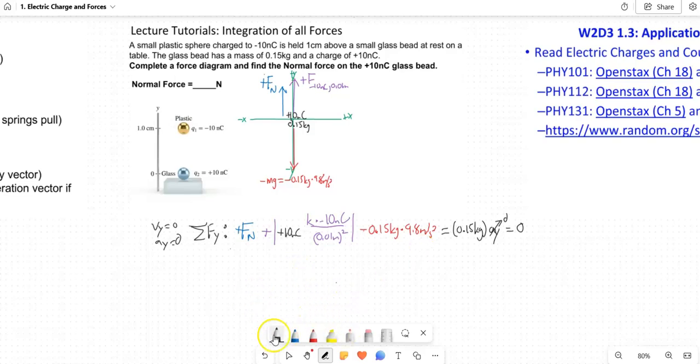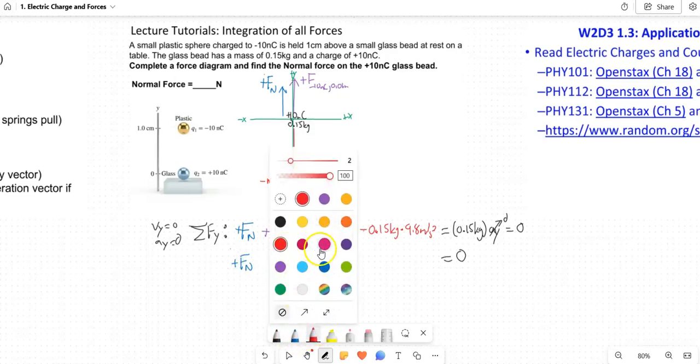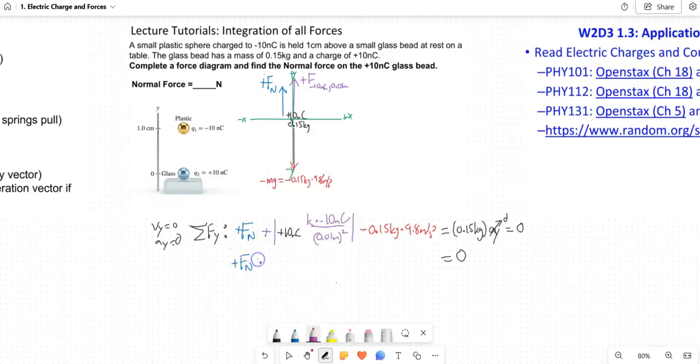Now let's fine-tune this. We're going to turn these into numbers. So we have our normal force, which is right here. It's positive. Now that purple force, we're going to multiply this out.